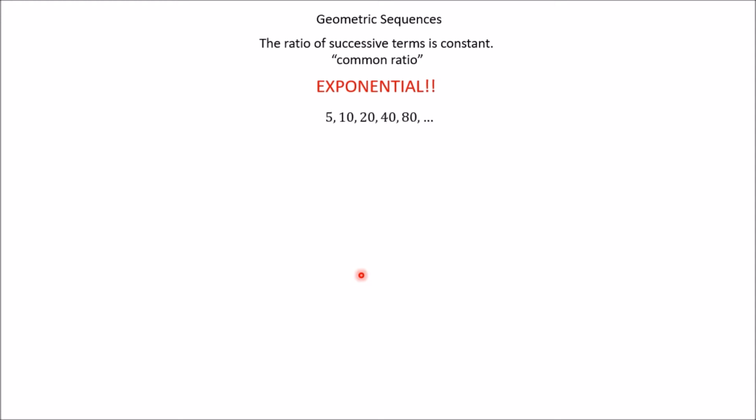And so an example of a geometric sequence would be 5, 10, 20, 40, 80. What are we multiplying by each time? Times 2. That would be our common ratio. So we have our general rule, our equation, and that will be the first term times the common ratio to the n minus 1.